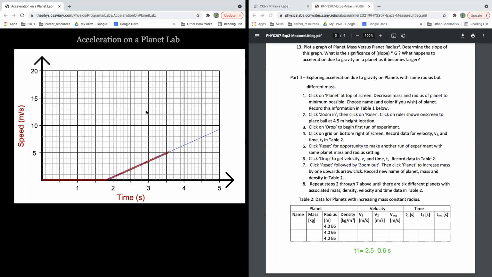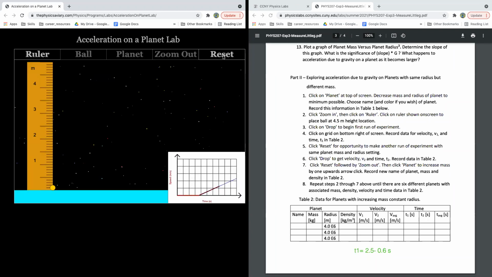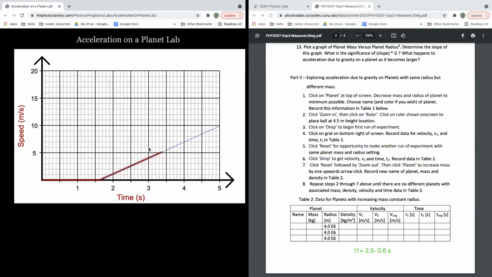And then you do a second batch. You click one more time and reset, and drop again. So you record the second batch of data in V2 and T2. Now you can measure this time and take the average velocity and the time.